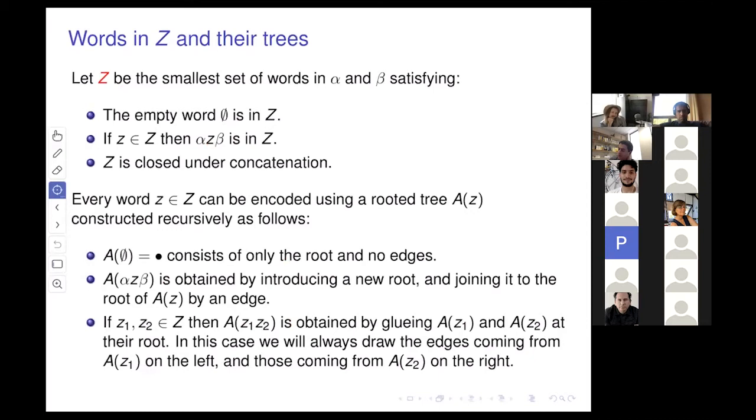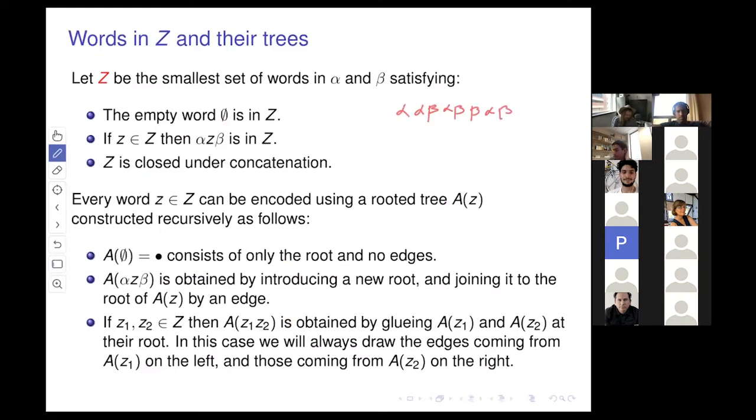Whenever you have a word in Z and you add an alpha at the beginning and a beta at the end, then you get a new word in your dictionary. And then this Z should be a monoid, so it should be closed under concatenation. So for example, I start with the empty word, I add an alpha beta, I concatenate with itself, and then maybe I stick it in between an alpha and a beta, and maybe I concatenate with another alpha beta and so on, okay?